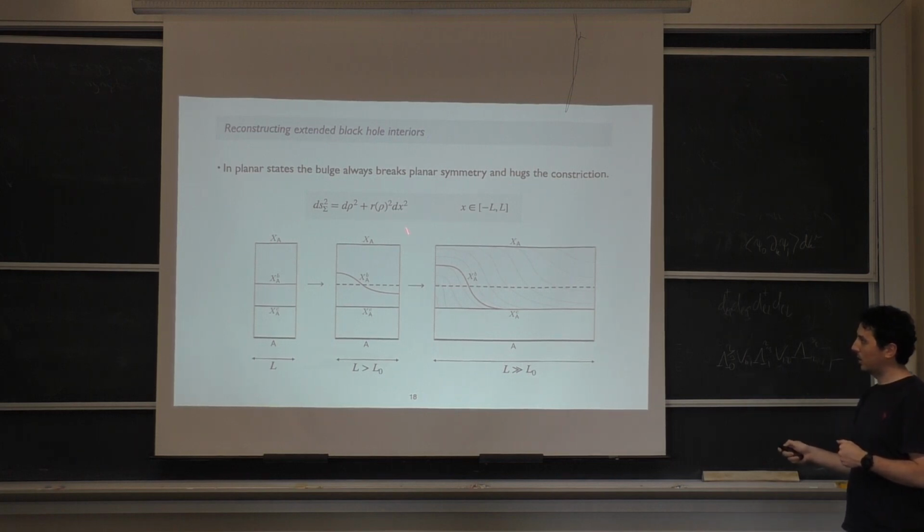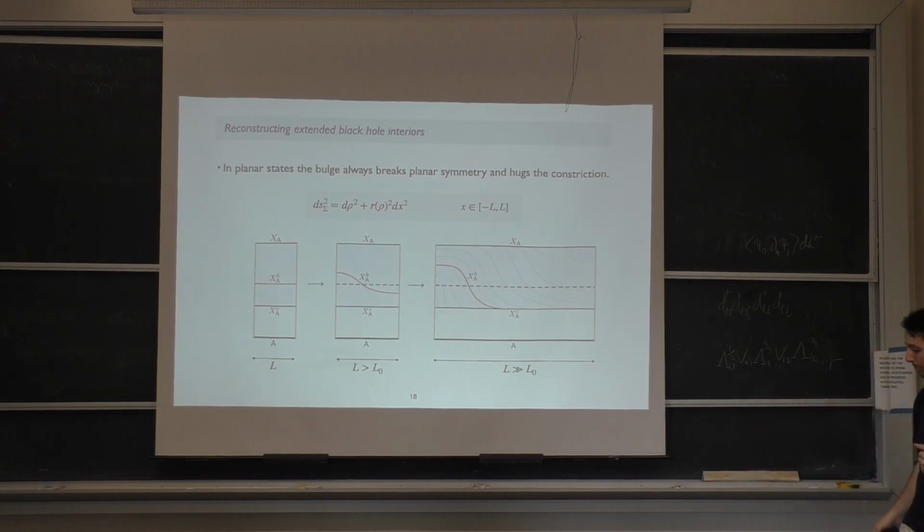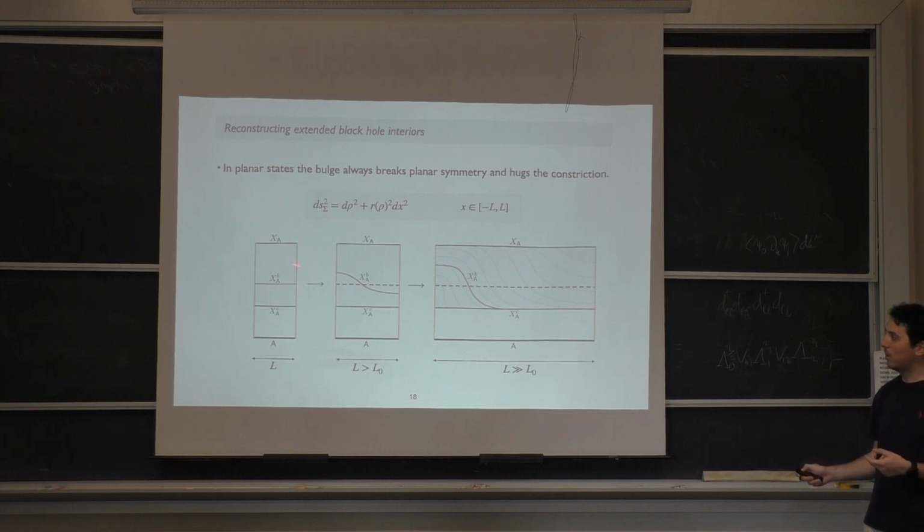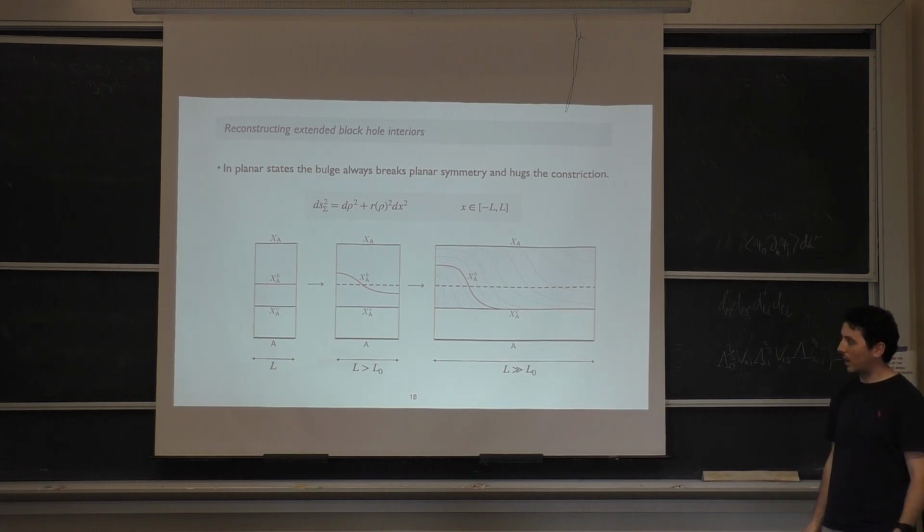So the metric on the initial slice is just d rho squared plus R of rho squared dx squared. And R of rho controls the profile of the transverse space along the geometry, and we will choose R of rho to contain a Python flange. What this means is that A is the asymptotic boundary, R of rho has some minimum at some point here, then it has a maximum, and then it has another minimum. This second minimum has a smaller value of R than the original.